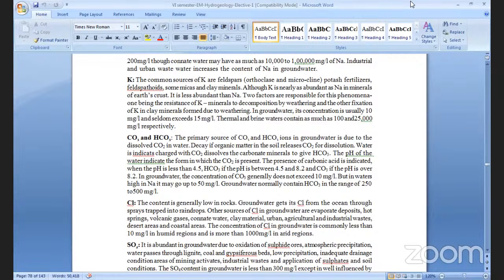Generally the carbonates do not exceed 10 milligrams per liter, but in water with high sodium it may go up to 50 milligrams per liter. And groundwater normally contains HCO3 in the range of 250 to 500 milligrams per liter.